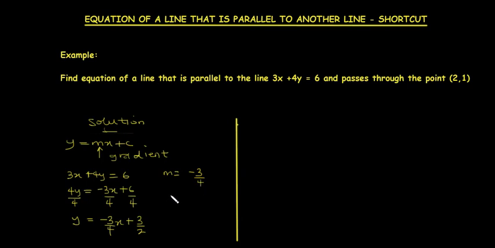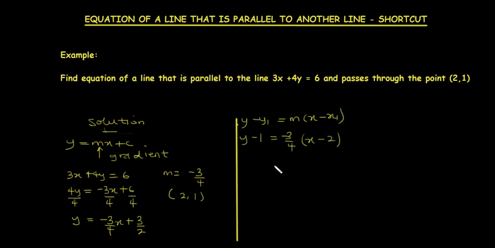And using our point (2, 1), we can use the equation y minus y1 is equal to m into bracket x minus x1. So we substitute the values into it. We have y minus 1 equals minus 3 over 4 bracket x minus 2.